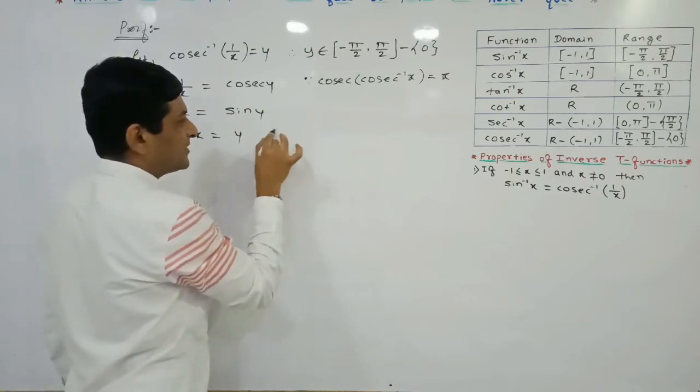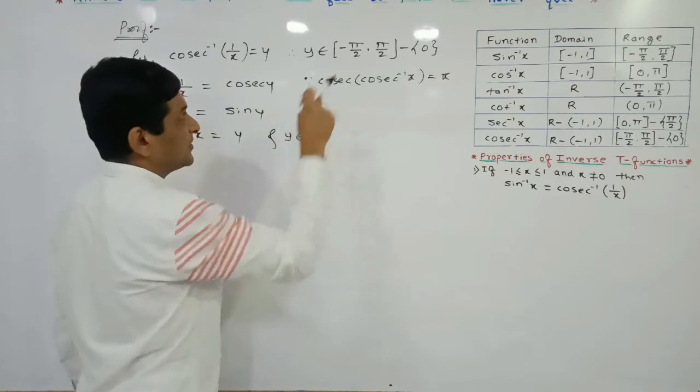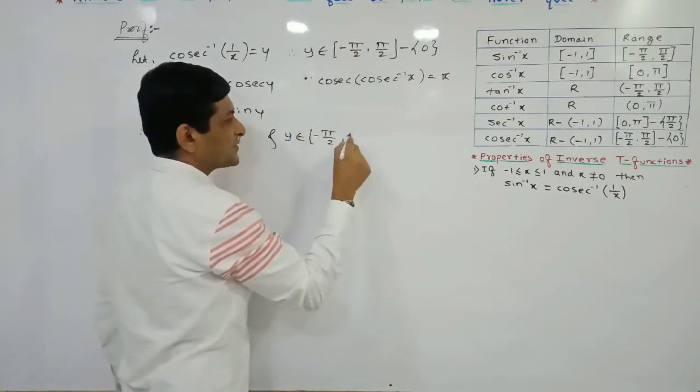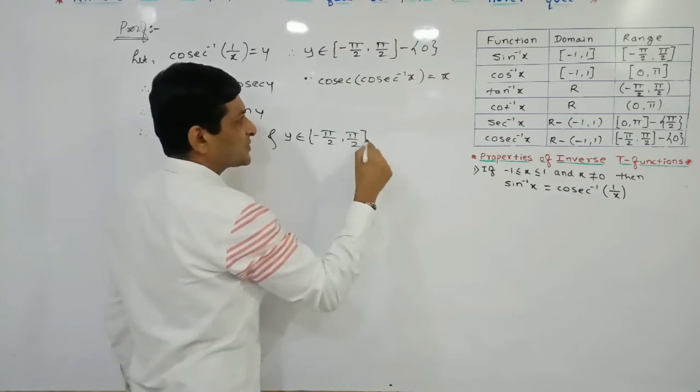And y already belongs to minus pi by 2 to plus pi by 2, difference 0.